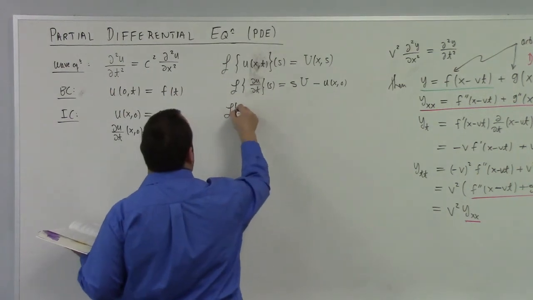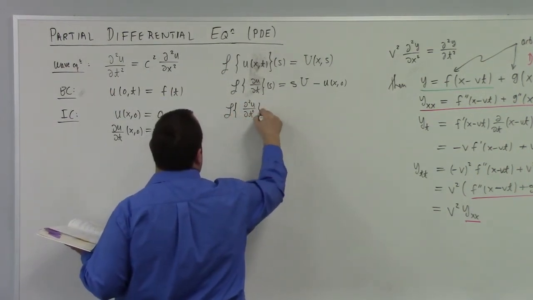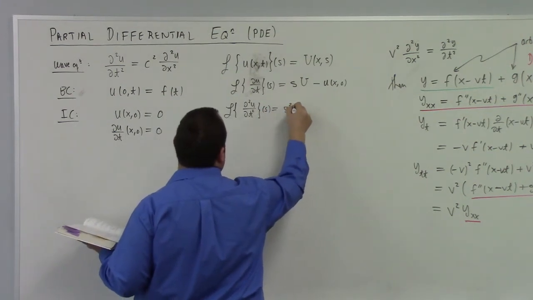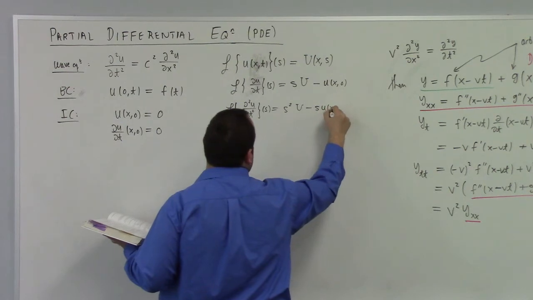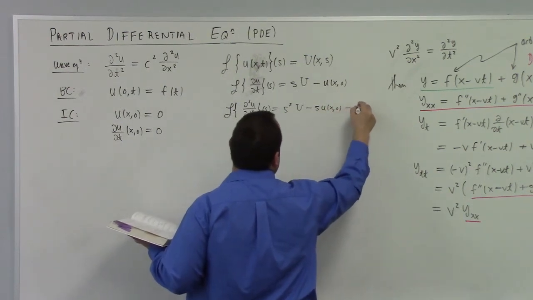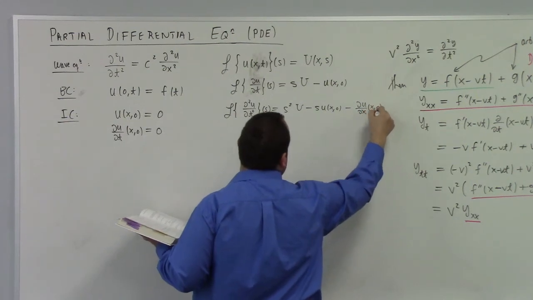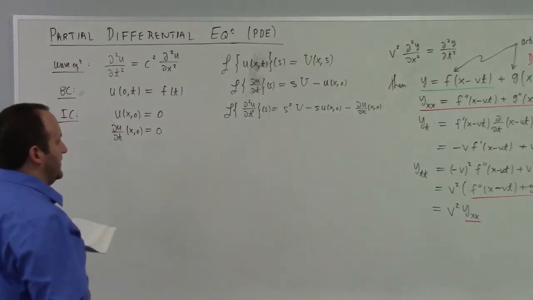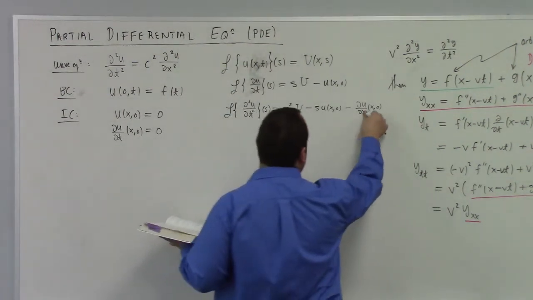The Laplace transform of the second partial derivative with respect to time will be s squared times big U minus s times u of x comma 0 minus partial u partial x at x comma 0. Oh, I'm sorry, not partial u partial x, but what? T, yeah, thank you.